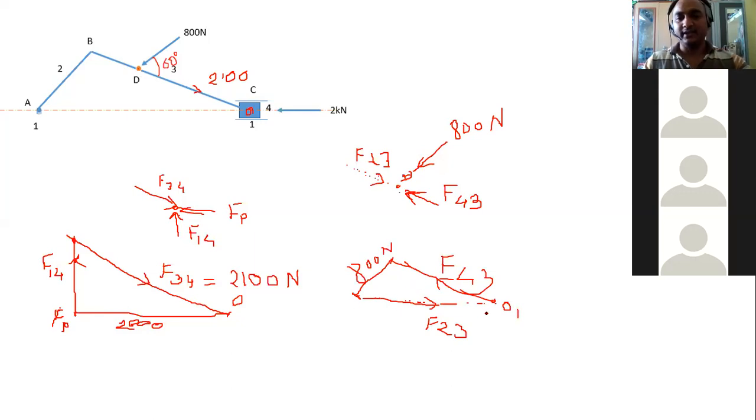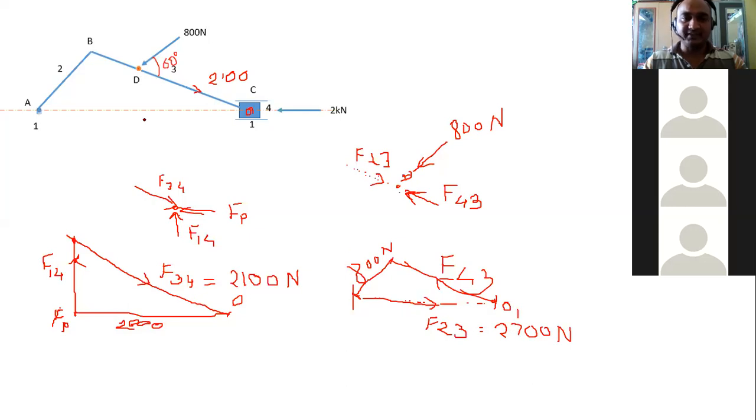Once you get this F23, copy this direction, and you can find its magnitude also. F23 is equal to this distance into the scale we have taken. The solution I have is 2700 Newton, the value will be around 2700.